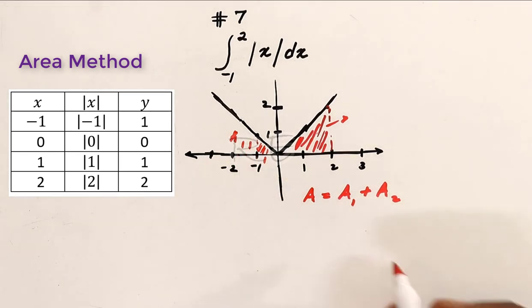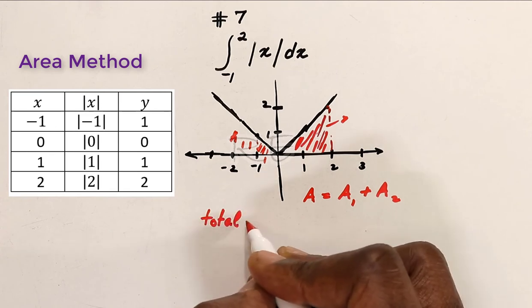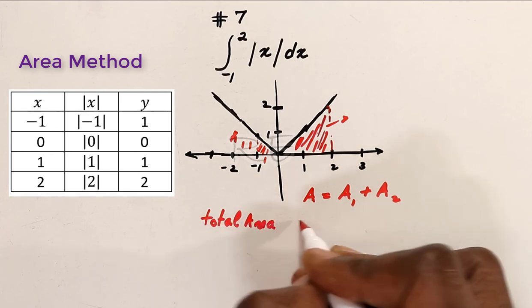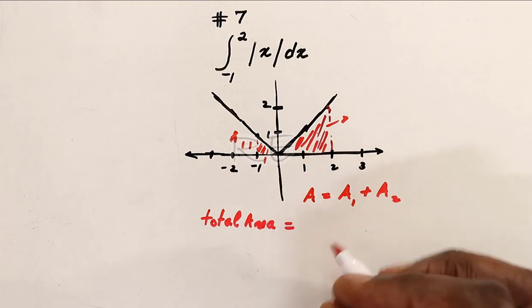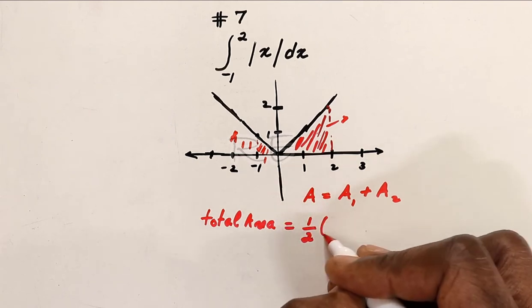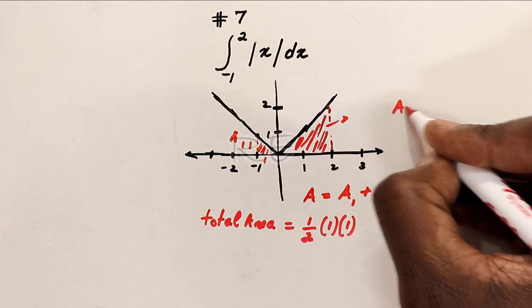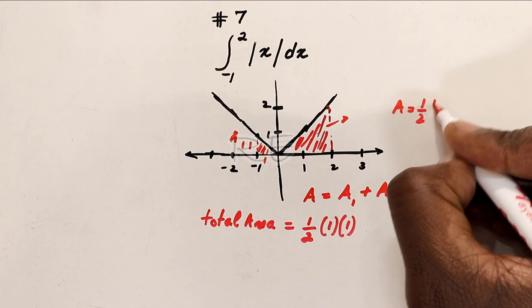And the formula for area of a triangle is half of base times height. So for the first one is going to be half of 1 times 1. The base is 1 and the height is 1.